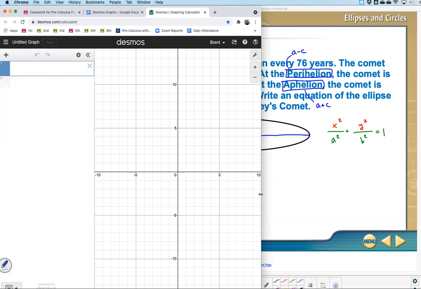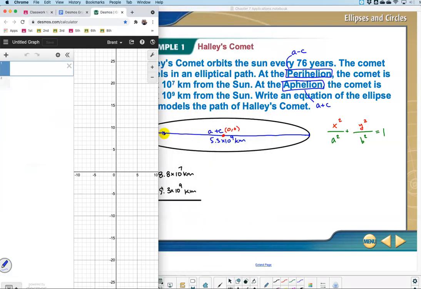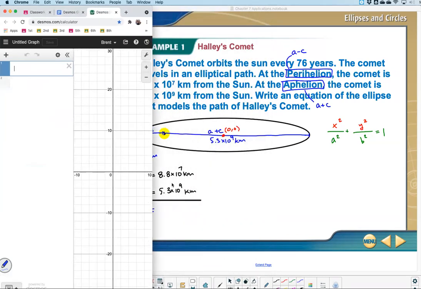And I'm going to type in the value 8.8 times 10 to the 7th power plus 5.3 times 10 to the 9th power.